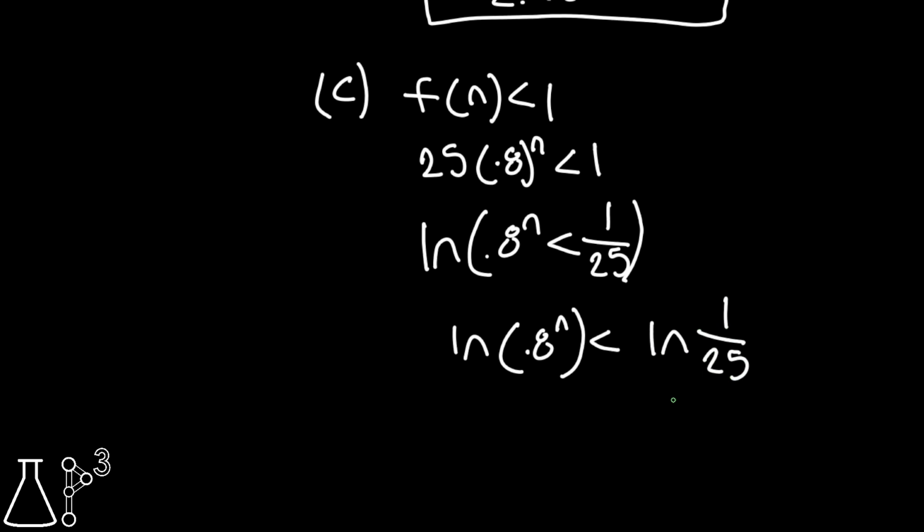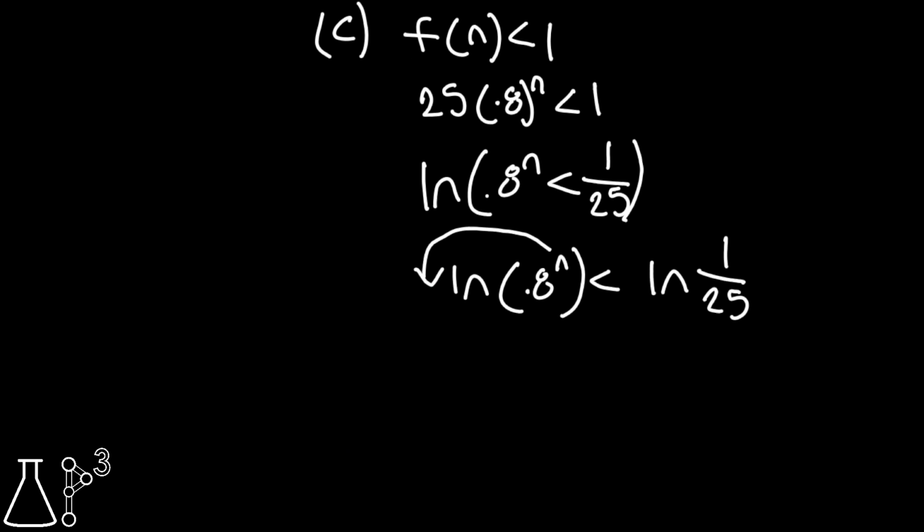Now, this is just a rule of natural logs, that whenever you have something raised to a power, the power comes to the front. Okay? So what we're going to have is n times natural log of 0.8, which is going to be less than natural log of 1 over 25.